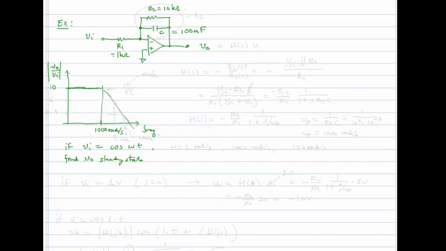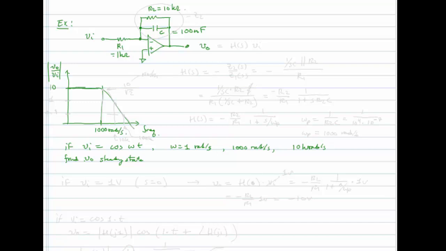We'll do omega equal to 1 radian per second, 1,000 radian per second, and say, 10,000 radian per second.